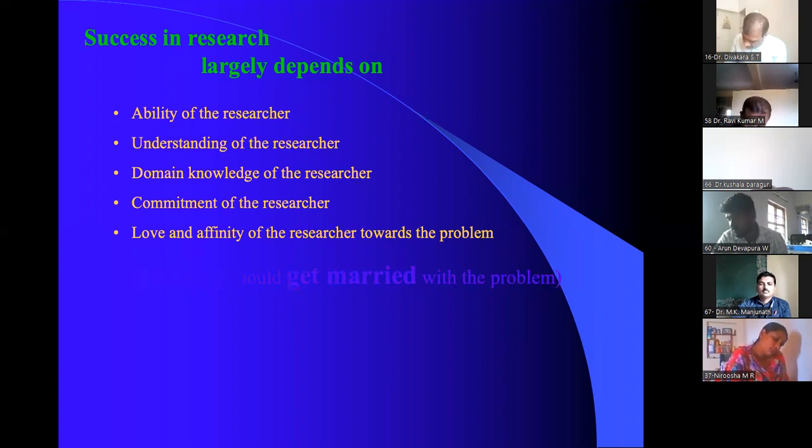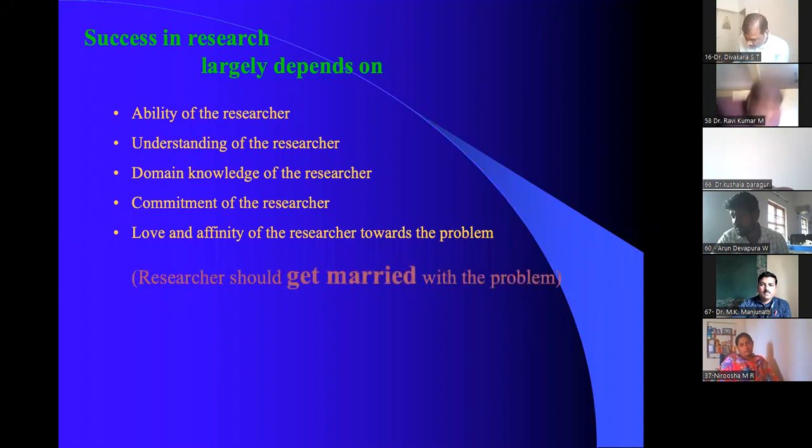Some brain children are created. The moment brain children are created, you should not simply leave them apart. You have to canvass them. You have to project them for their goodness and see that they are well appreciated by contemporary researchers. That is the spirit of the term 'get married'.